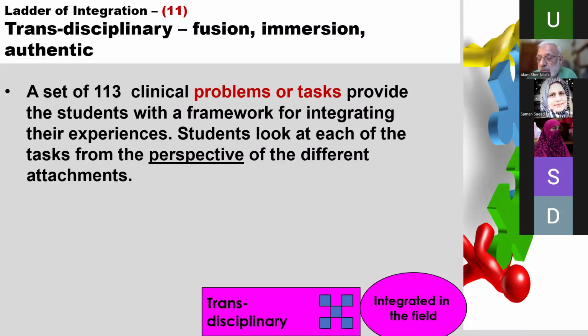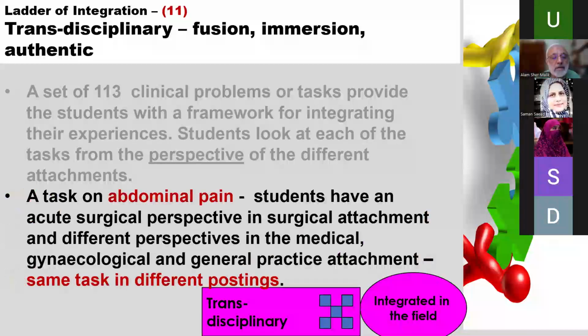Each task, they would have a different perspective in each posting. Here is an example: let's say one task is abdominal pain. Now students have an acute surgical perspective in the surgical attachment. This means that this is a task, and when the student goes to the surgical posting, so-called posting, they would be looking at patients with abdominal pain.